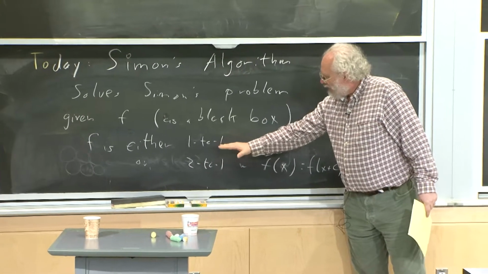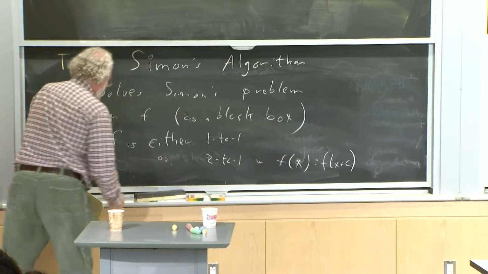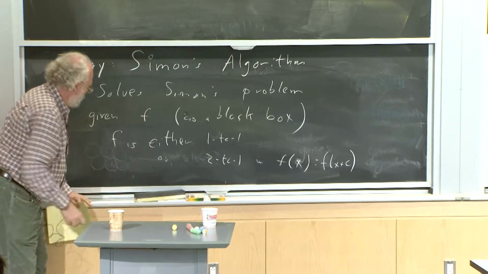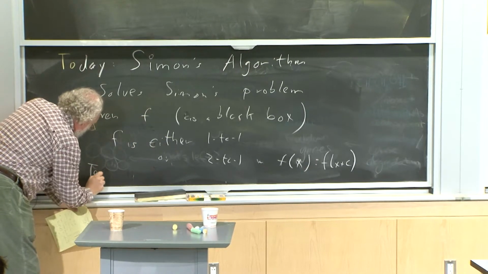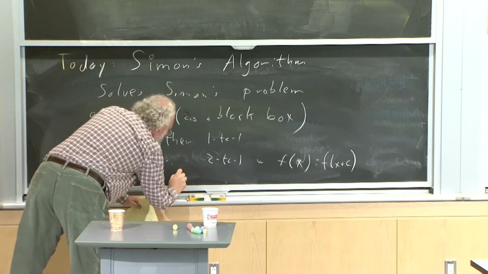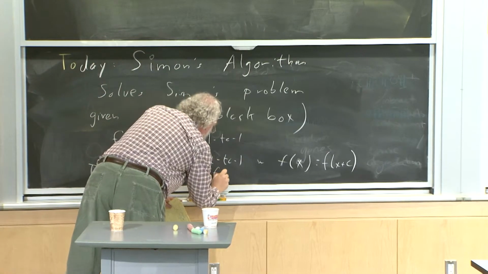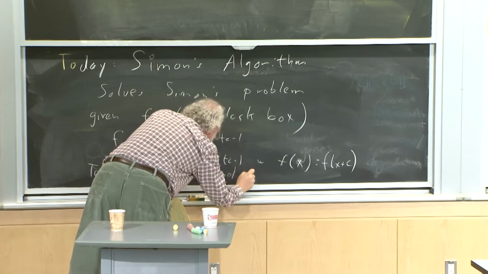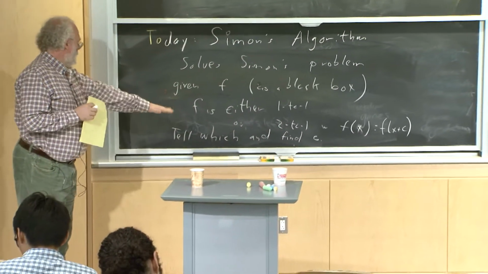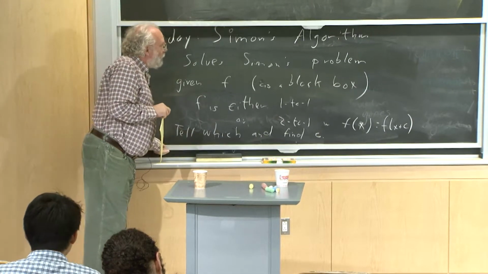You're given that f is either this case or this case, and what you're supposed to do is tell which is which. And we might as well ask you to find c, because both Simon's algorithm and any classical algorithm for this problem have to work by finding c.